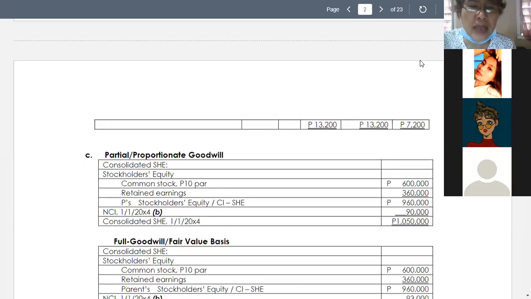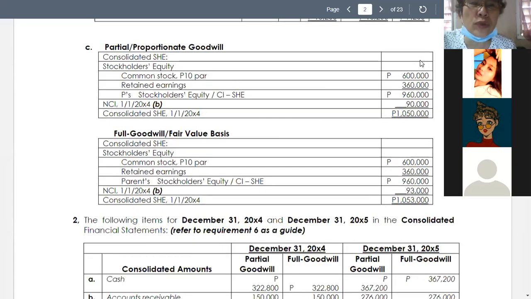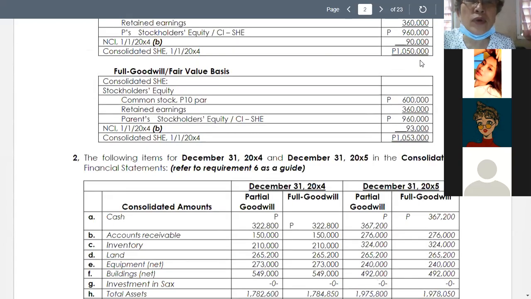Now, if we are going to use the full goodwill or the fair value basis, the parent shareholders equity is 960,000. And that of the NCI using the full goodwill approach is 993,000.